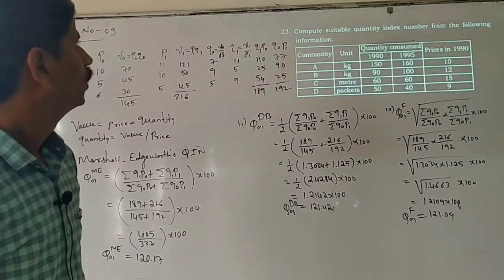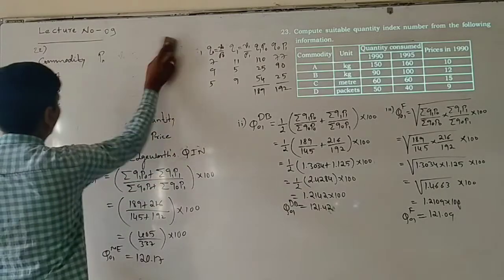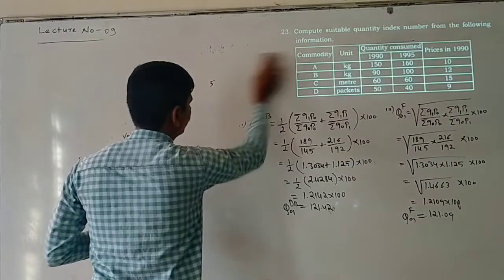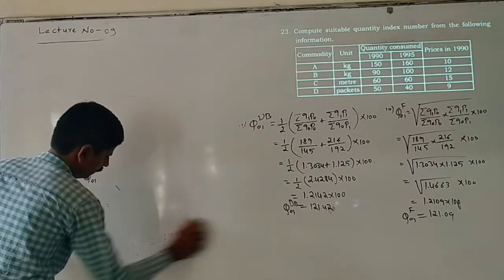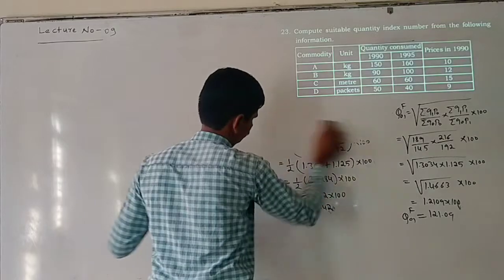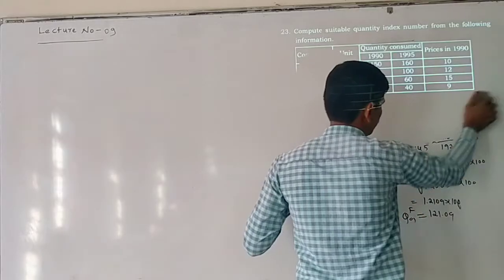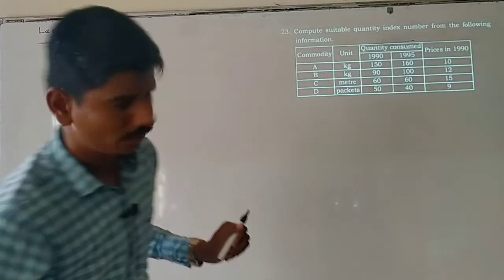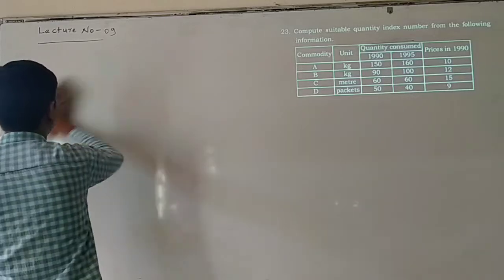The next, 23rd problem. Compute suitable quantity index number from the following information.